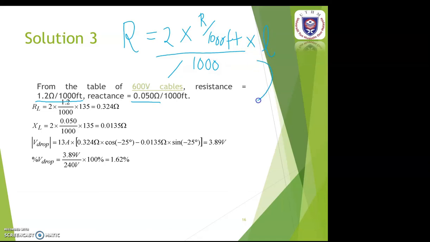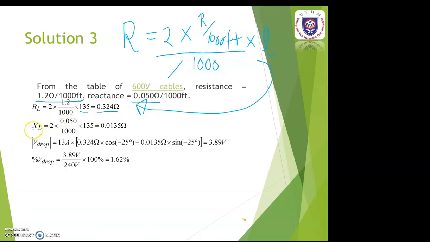So 2 times 1.2 per 1000, times the cable length 135, you get 0.324 ohms.